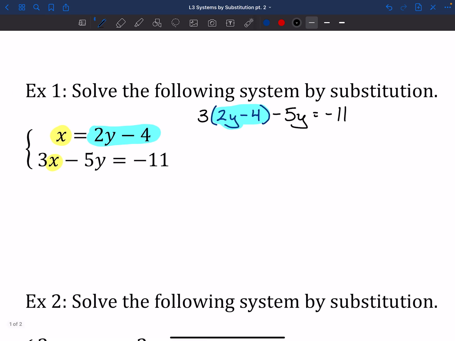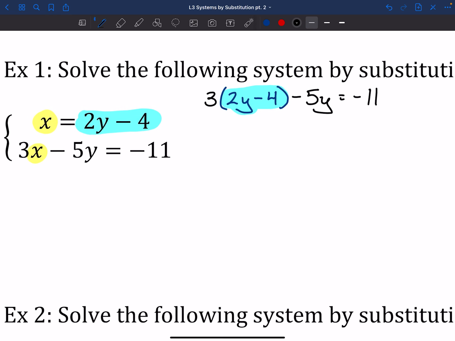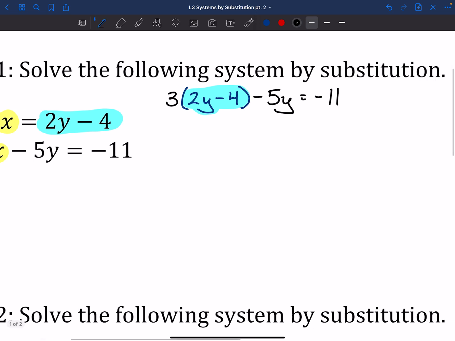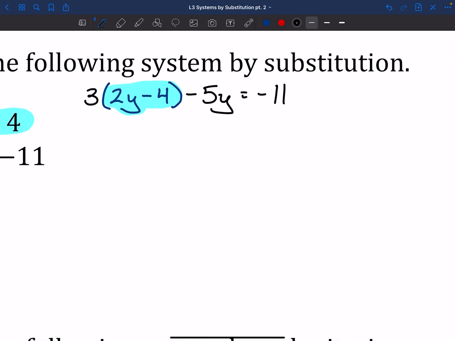So I've substituted in 2y minus 4 for that x. What I need to do now is solve this equation. I'm going to distribute that 3 to everything in the parentheses. That's going to be 6y minus 12, and then everything else still along with it.